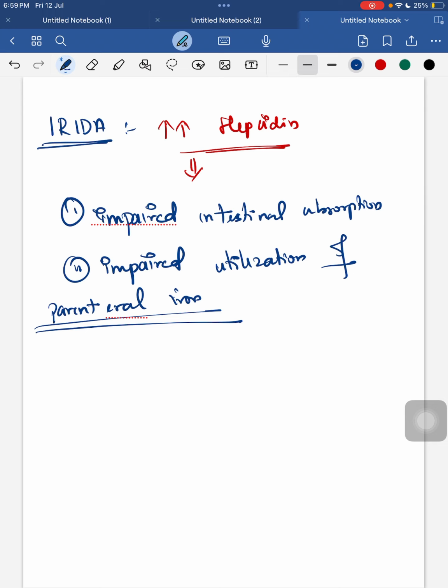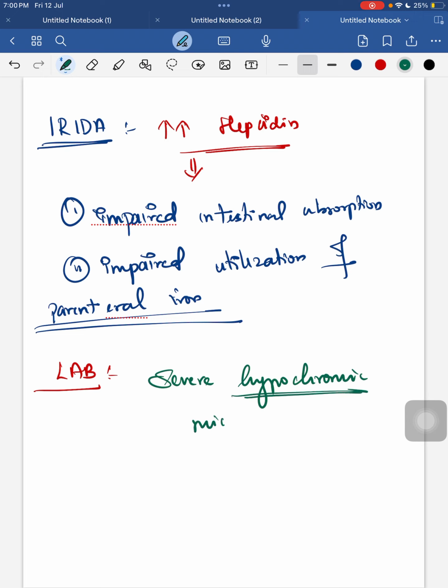Along with this, the child's ferritin level will also be very low. This hypochromic microcytic anemia means the child's MCV will be between 45 to 65 fL, and the child will have a transferrin saturation of less than 5%.